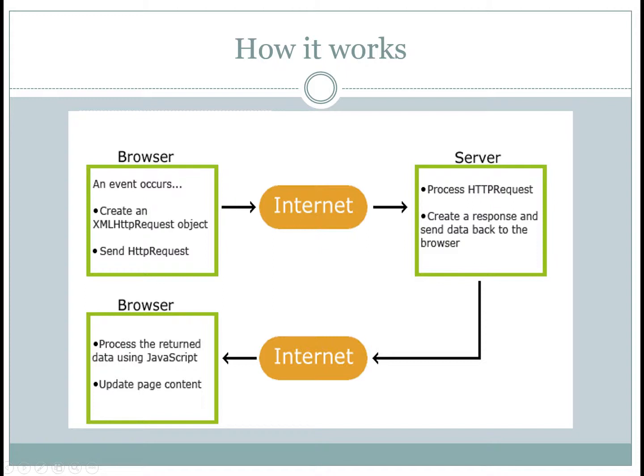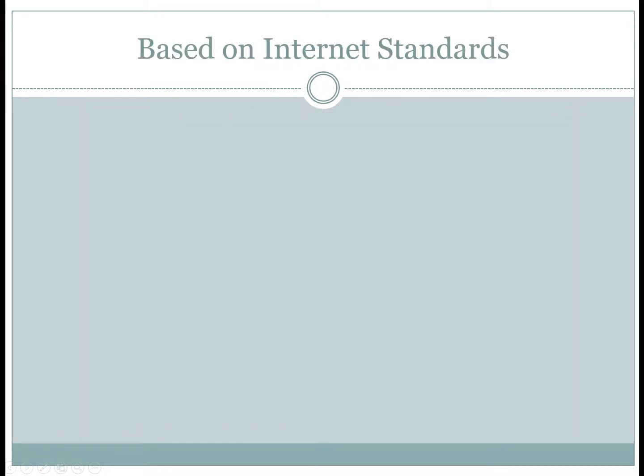The response is sent to the browser through the internet. Here, at the last step, the browser processes the returned data using JavaScript and updates the page content, based on internet standards.